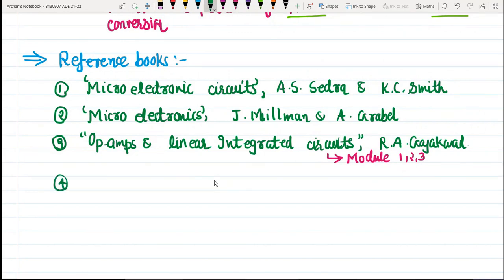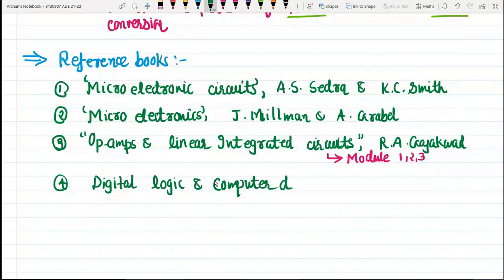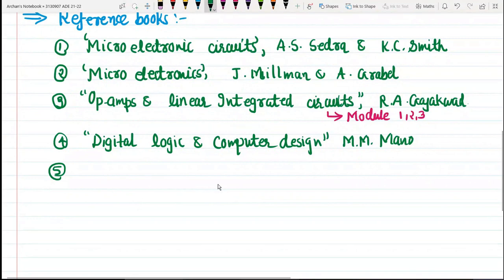And for module 4, 5 and 6, we have 2 other books, which is Digital Logic and Computer Design by Maurice Mano. And another book, which is authored by an Indian, is known as Fundamentals of Digital Circuits.